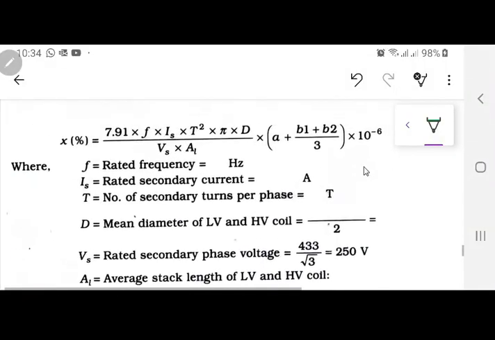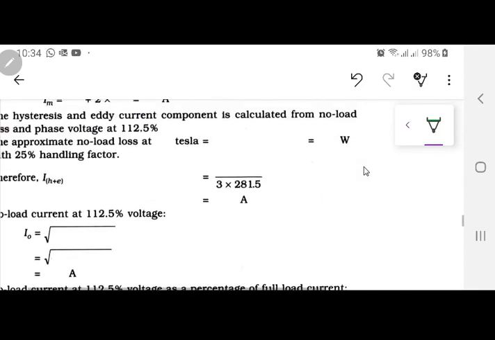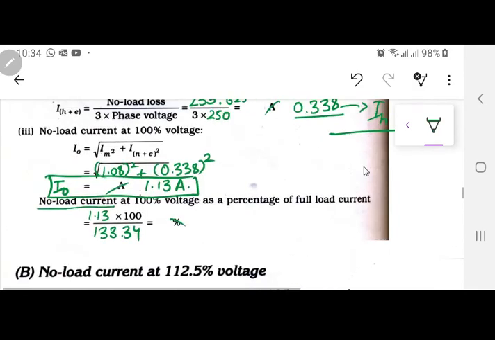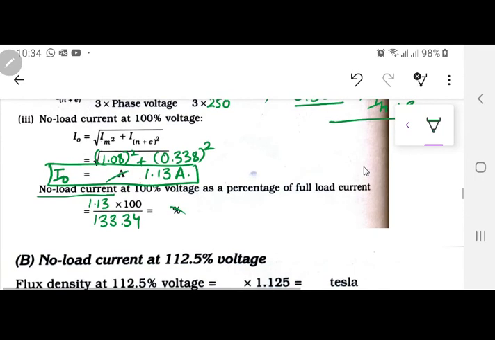Okay, sorry I missed it. D, again 0.85%. Okay. Now so this is 0.85% over here, even less than 1%.